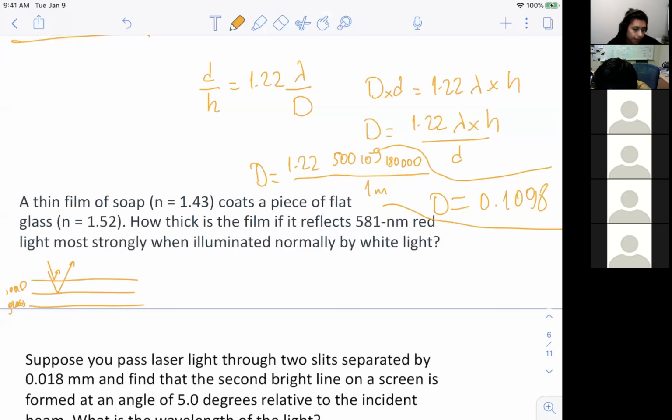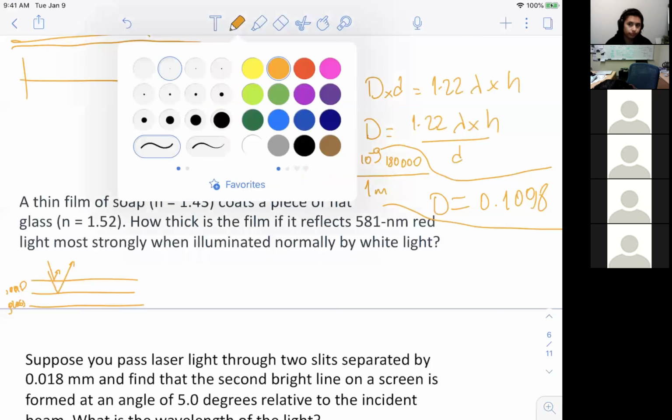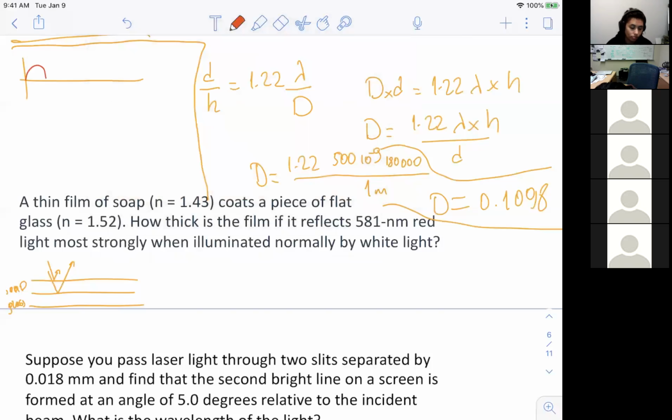So if I use this space for this demonstration, you have one wave. So this is two wavelengths: this is one wavelength, and this is the second wavelength.